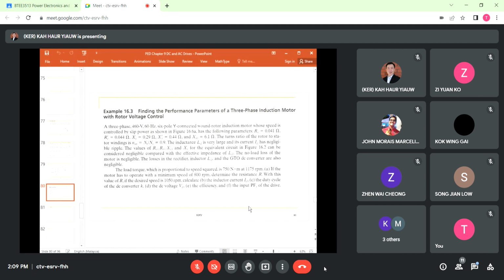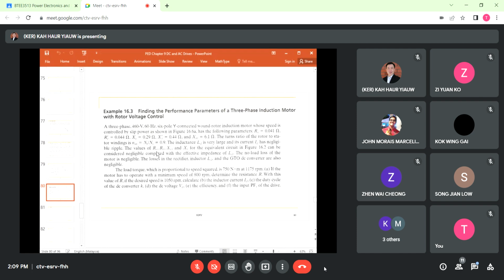The performance parameters are given here. The turns ratio of the rotor to stator winding is equal to 0.9. The inductance LD is very large and its current ID has negligible ripple.